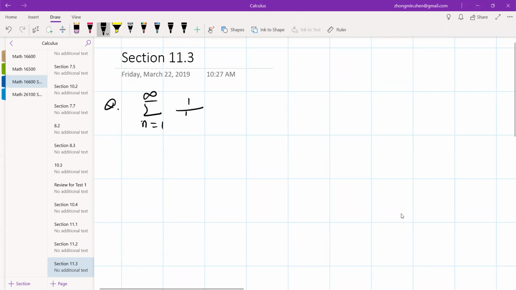So, like this simple function, it's called a P series. The question is when it's convergent, when it's divergent, right? And let's assume that P is positive, right? So I know the nth term approaches 0.